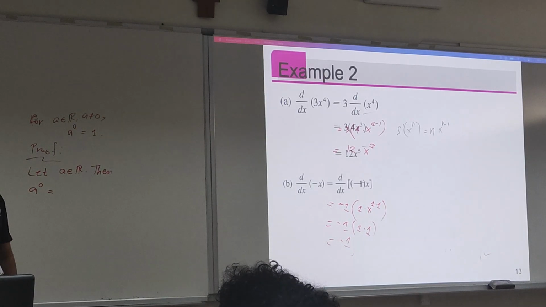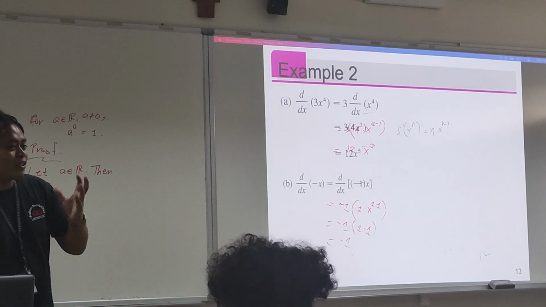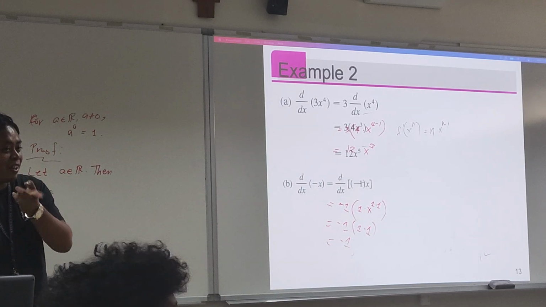a to the 0. When can we get the exponent 0? It would be a divided by a. Since a divided by a is 1.